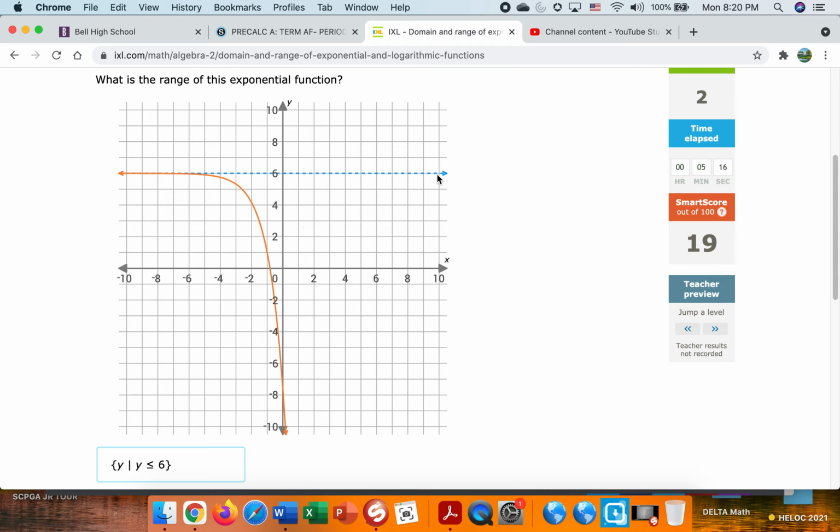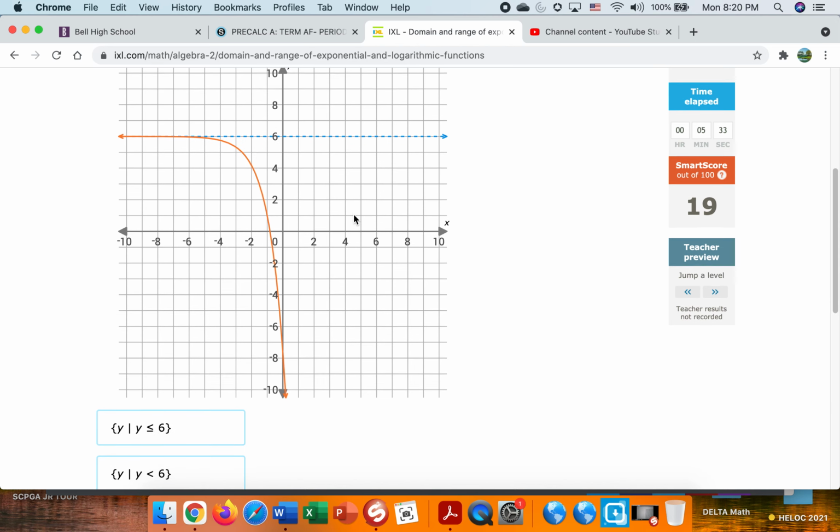That's why it has this asymptote. This little dash line is called an asymptote. So for the y, it's all the values of y less than 6, because it doesn't include the 6. Even though it looks like it's touching it, it's not. That's what this asymptote means.